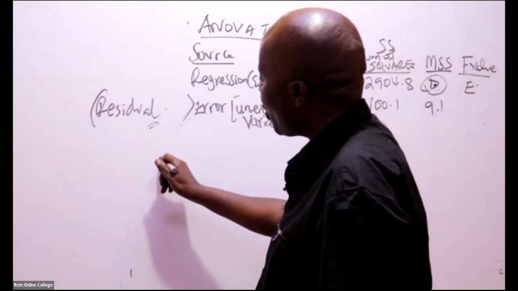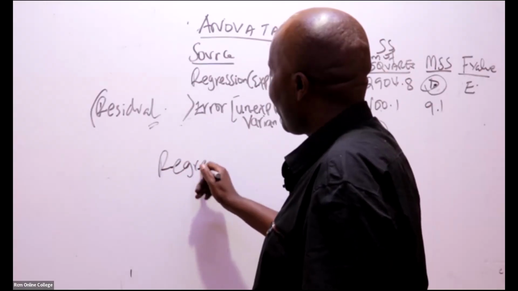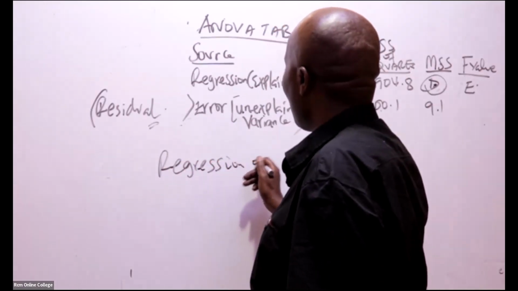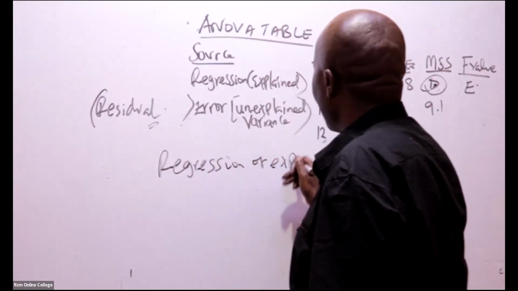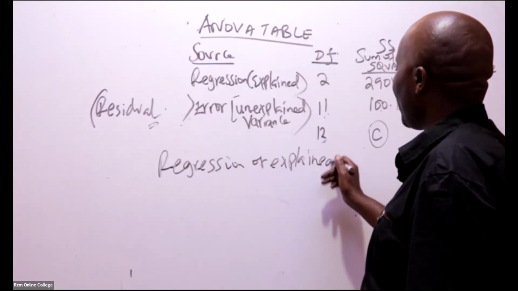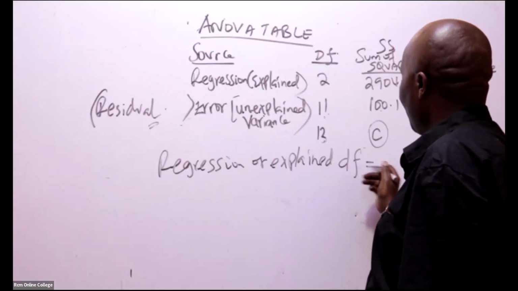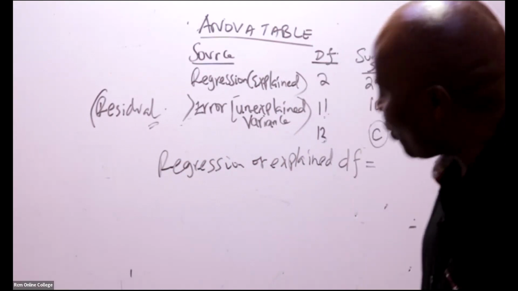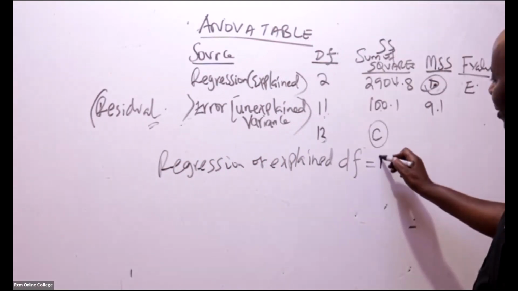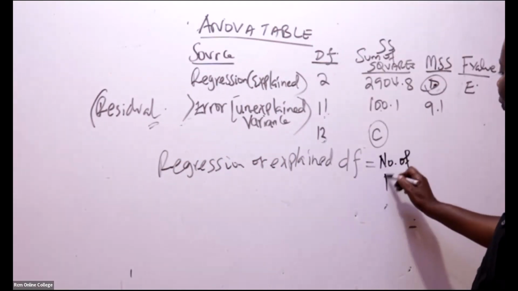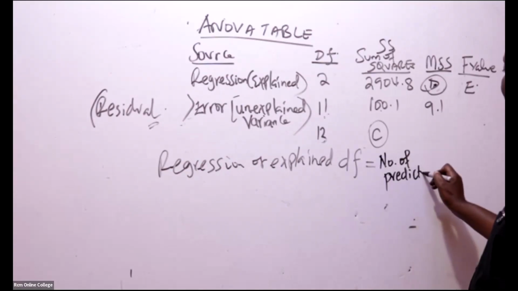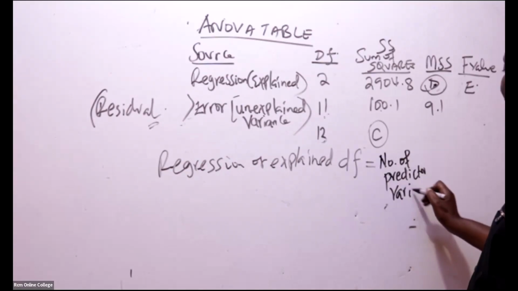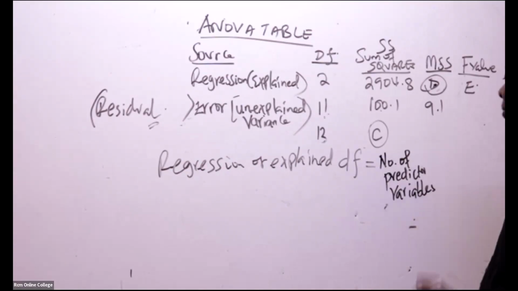To get regression, or explained, degrees of freedom, this one will always be equal to the number of predictor variables.